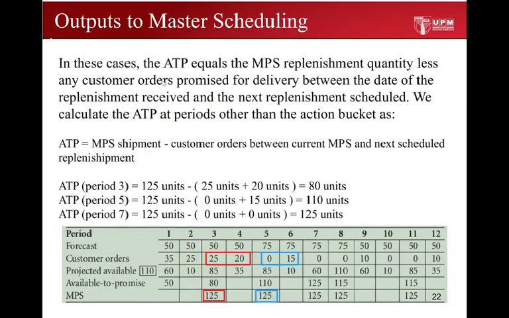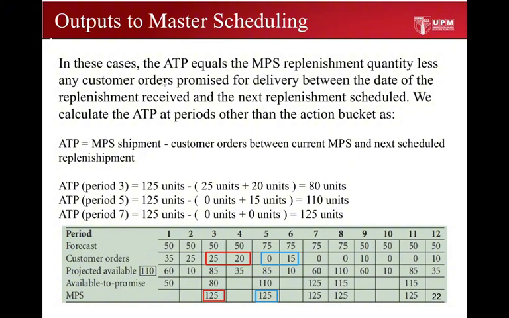As we said, we calculate the ATP differently at future replenishment periods. In this case, the ATP equals the MPS replenishment quantity less any customer orders promised for delivery between the date of the replenishment received and the next replenishment scheduled. So, for example, a replenishment order of 125 units is arriving in period 3.